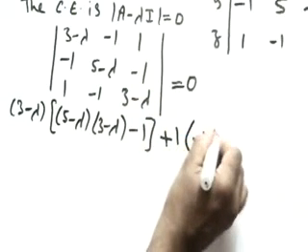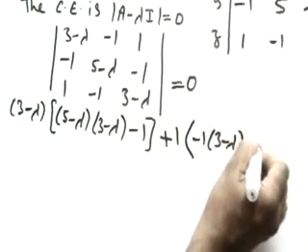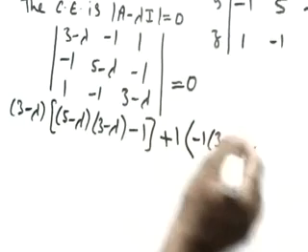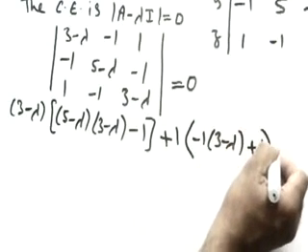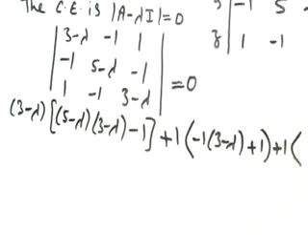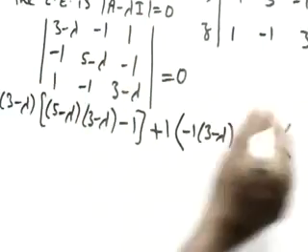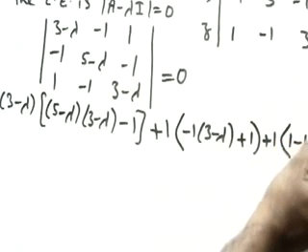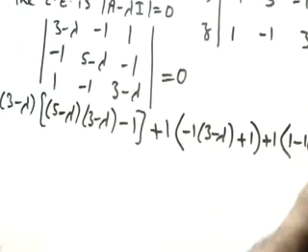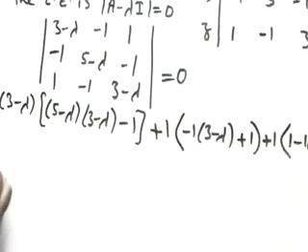Now hide this: minus 1 into 3 minus lambda minus 1 into minus 1, minus 1. Again minus means this will be plus 1. Plus 1 into, now lastly this one, if you take 1, you hide this: minus 1 into minus 1, minus 1 into 5 minus lambda equals 0.